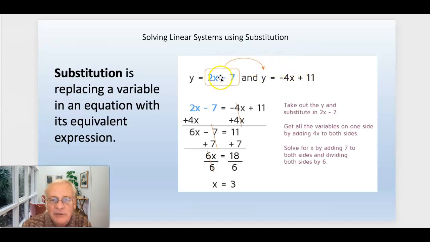So I can just substitute 2x minus 7 in for y, and say 2x minus 7 equals negative 4x plus 11. Once we do that, we only have one variable, x. We've eliminated a variable using substitution. So now we can solve that for x. Once we do that, we plug it back in to find out what y is.